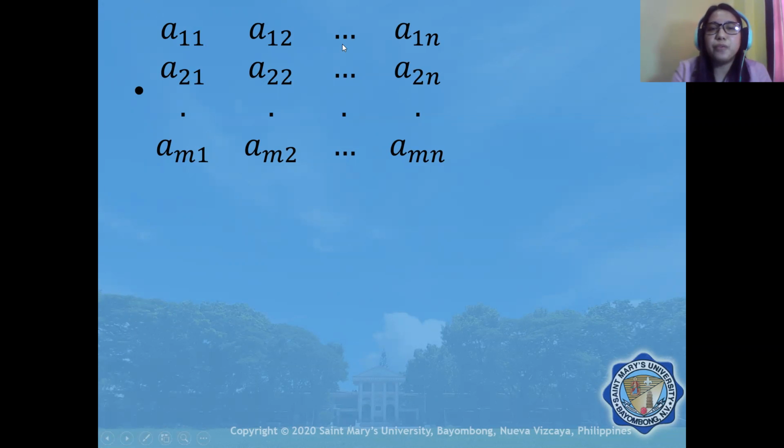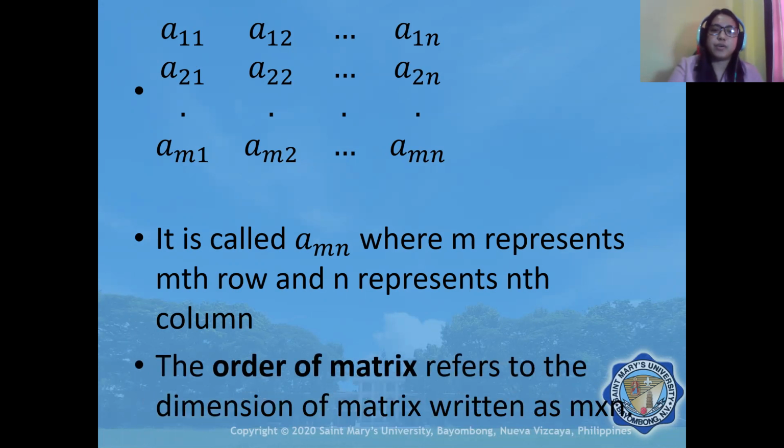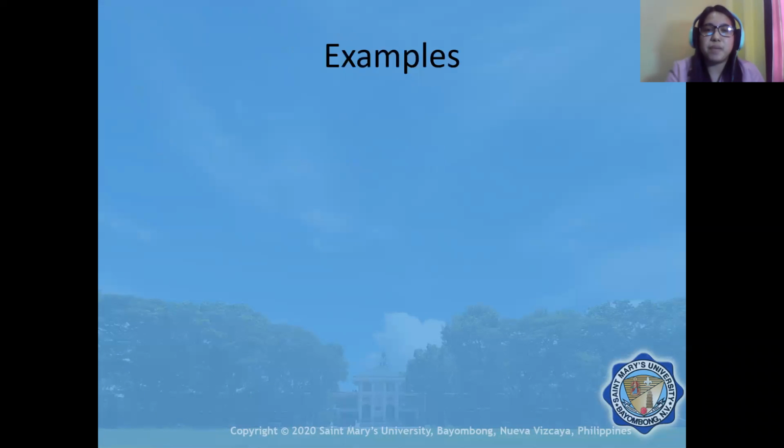As we move to the next column, the value of n is also moving, from 2, from 3, and all others until the last entry here, which is a sub 1n. It is called a sub mn because m represents the mth row and n represents the nth column. We call the dimension m times n also the order of the matrix.